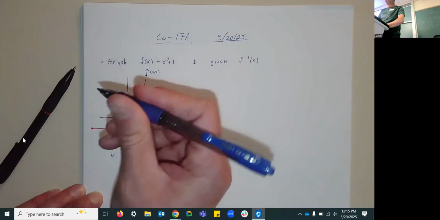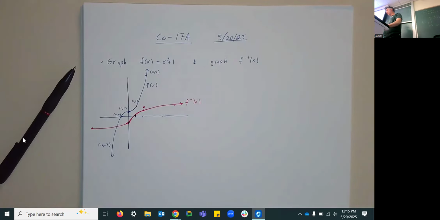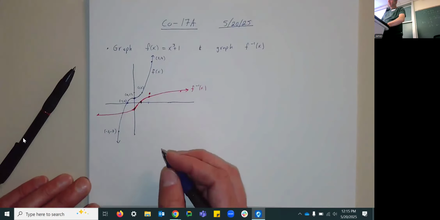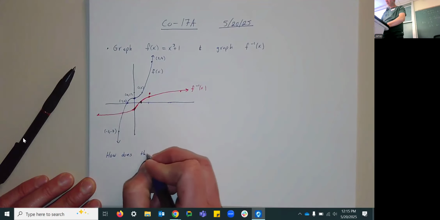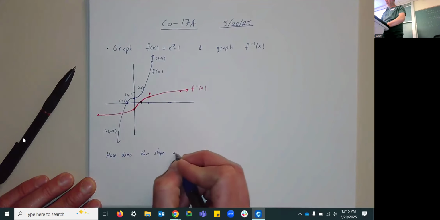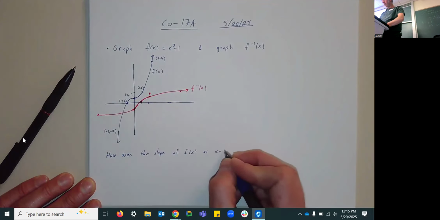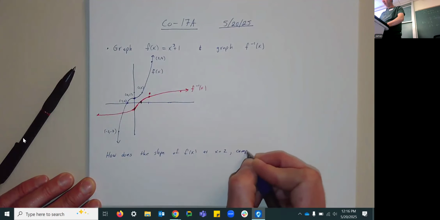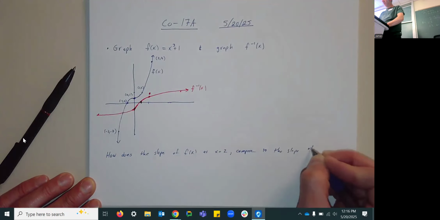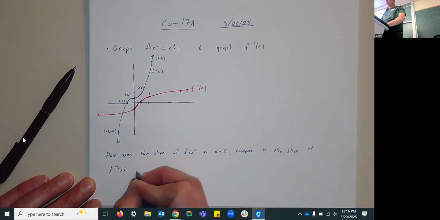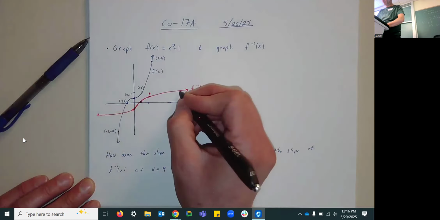And here's our f of x. What I'm really interested in here is how the slope of f of x at x equal to 2 compares to the slope of f inverse of x at x equal to 9, over here, right there.